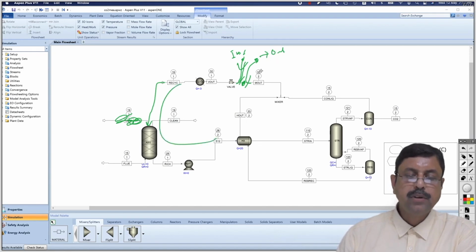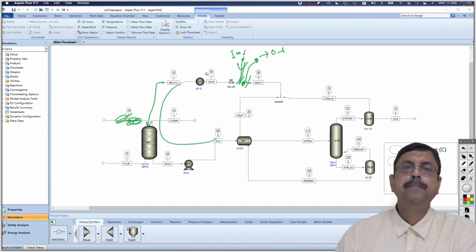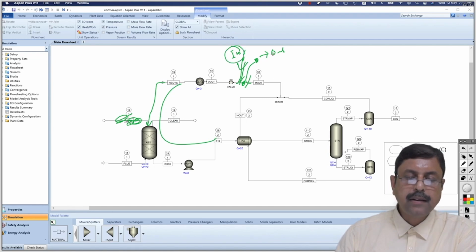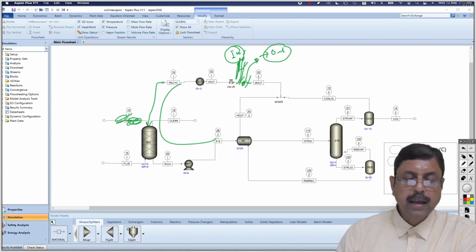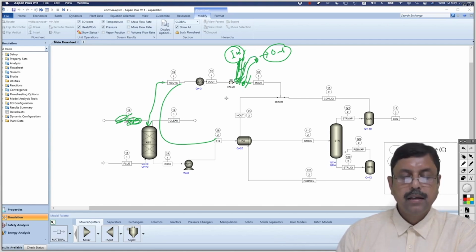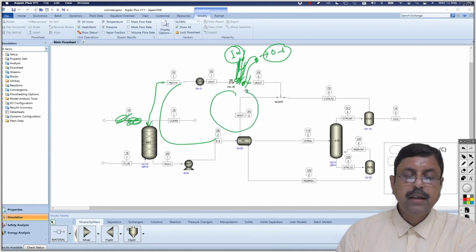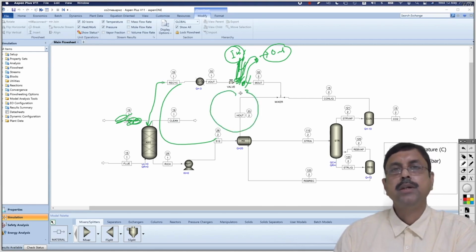I mean, after the simulation, it comes to be the same. So once this inlet stream and outlet stream conditions are exactly the same or very close, then you can just delete one of them and connect the other end. In such a situation, it will be very easy to converge a solution.